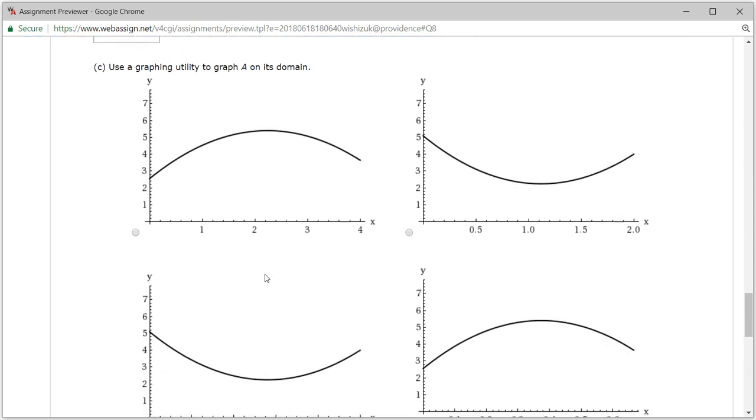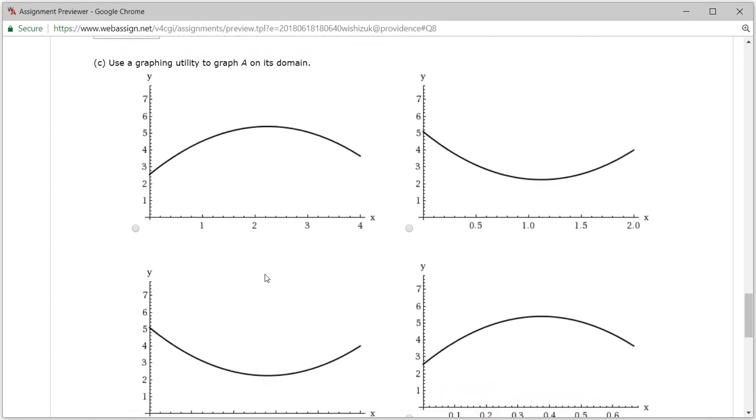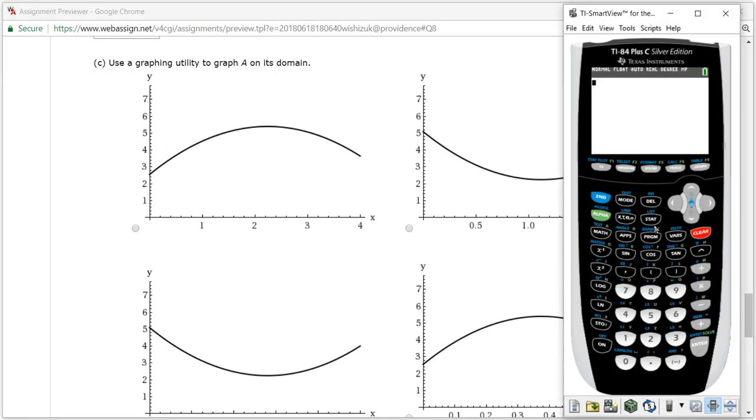Use a graphing utility to graph A on its domain. Let's bring out a calculator. I brought out a calculator, so you go to Y. The function is x squared plus the quantity 4 minus 2x, right parenthesis, squared, divided by pi.